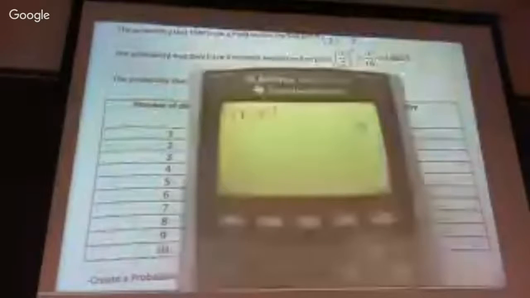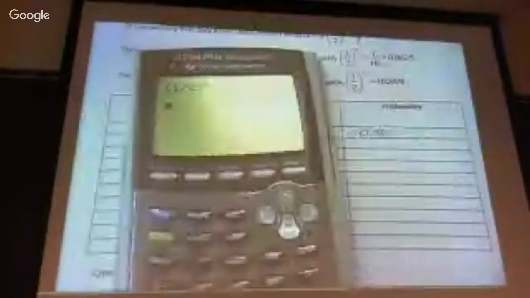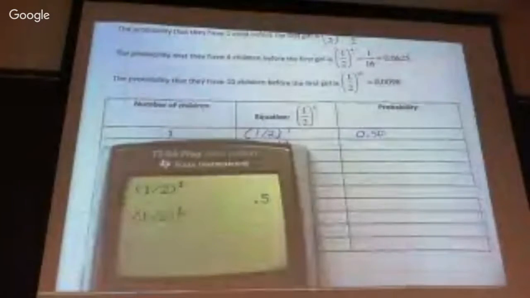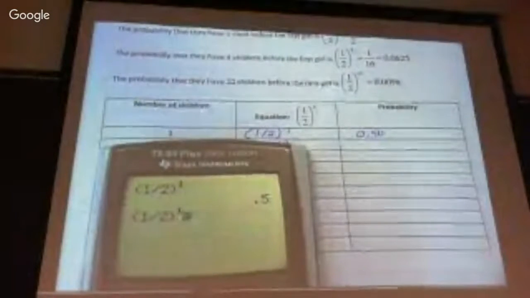What's the chance that the second one is also a girl? Well, a little calculator trick. If you don't want to type that in again, take your calculator, put it in your hand, push parenthesis 1 division 2 raised to the 1.